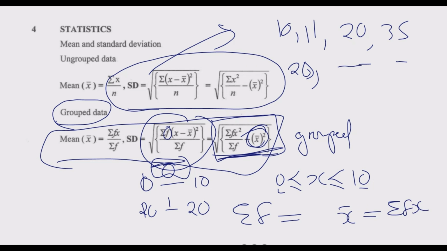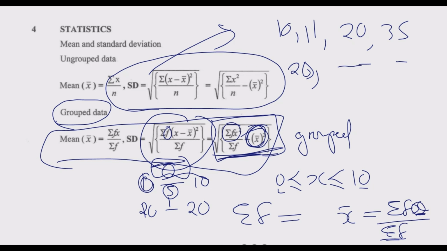For example, between 0 and 10 we have 5. So 5 is a number between 0 and 10. Then this is the value of x. Then divide by the sum of frequencies. Then you have this mean. Next I find this one, which is the middle value, squared and multiplied by the frequencies.